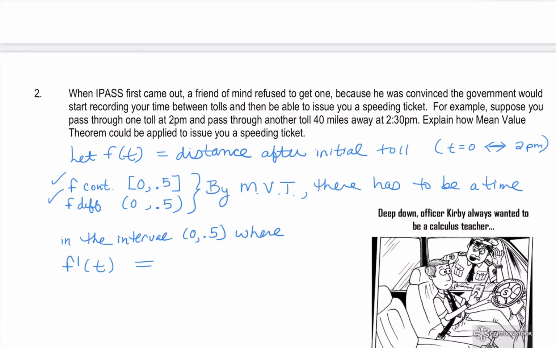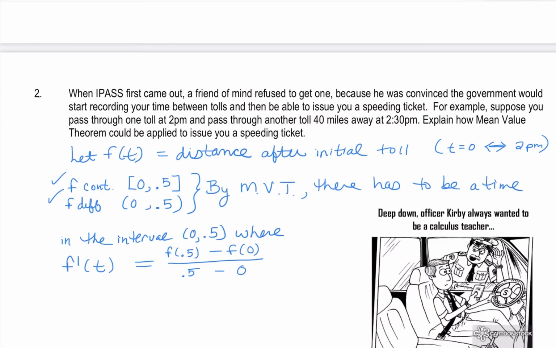So slope of the tangent line equals slope of the secant line, or instantaneous rate of change equals the average rate of change. That would equal f of a half hour minus f of 0, which is 0, all over b minus a.